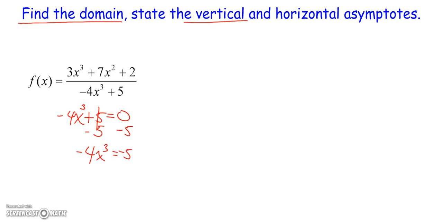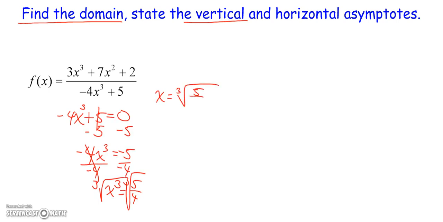Negative 4x cubed equals negative 5, divide by negative 4. You have x cubed equals 5 fourths, and you would need to take a cube root here to get x by itself. So you would have x equals the cube root of 5 fourths. That's our first vertical asymptote.